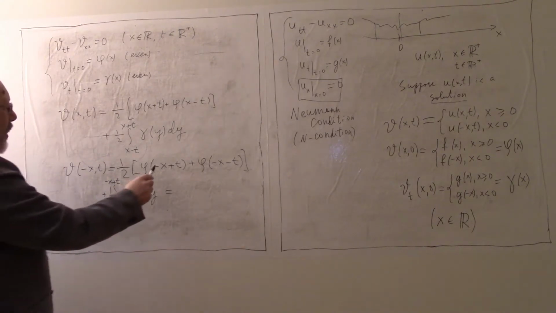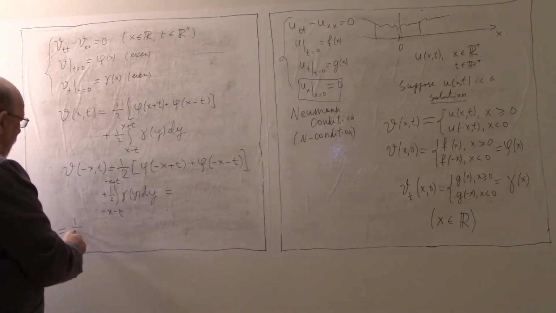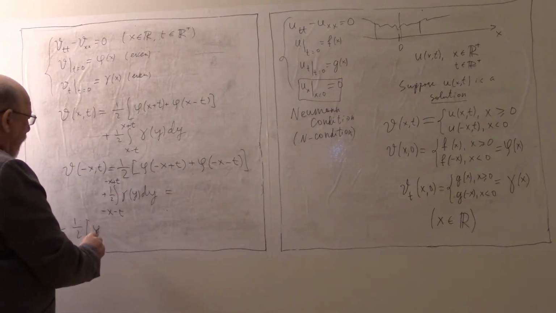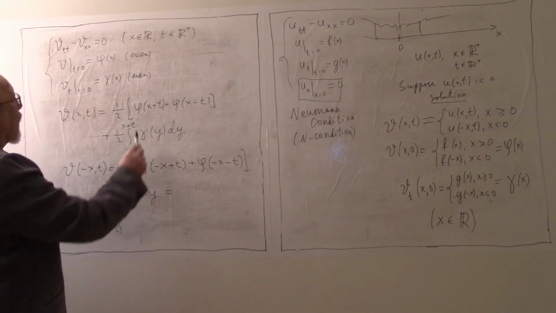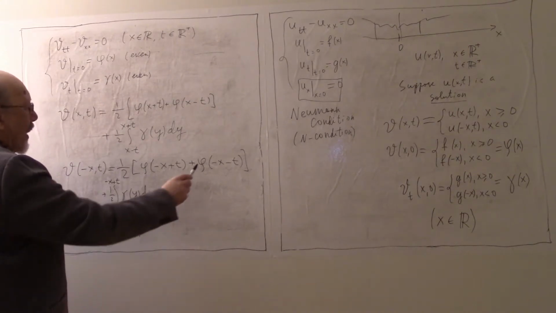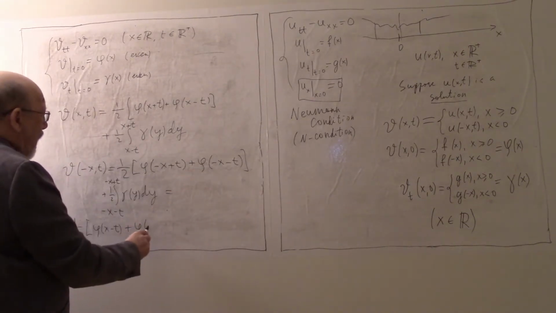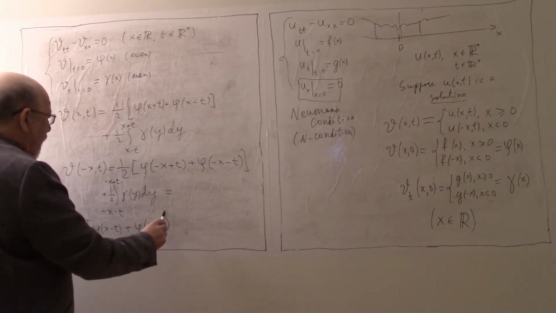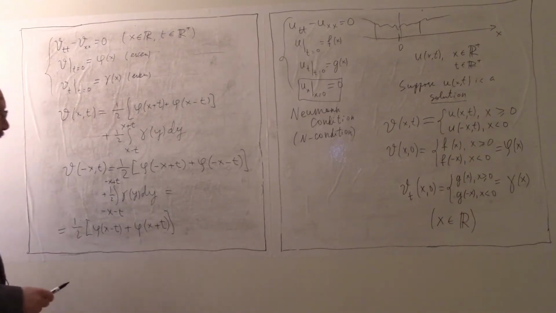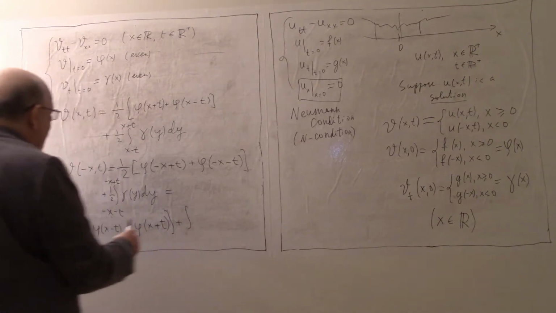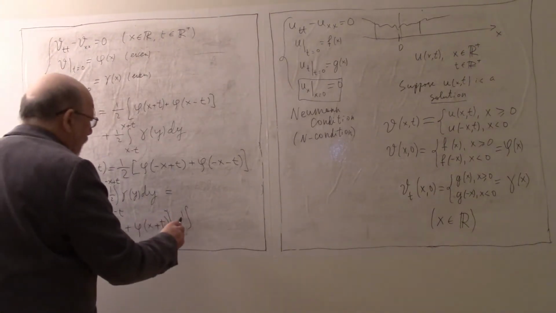But the first term, 1/2 phi of minus x plus t, is equal to phi of x minus t because phi is even; plus phi of minus x minus t is equal to phi of x plus t because phi is even; plus the integral here, 1/2.